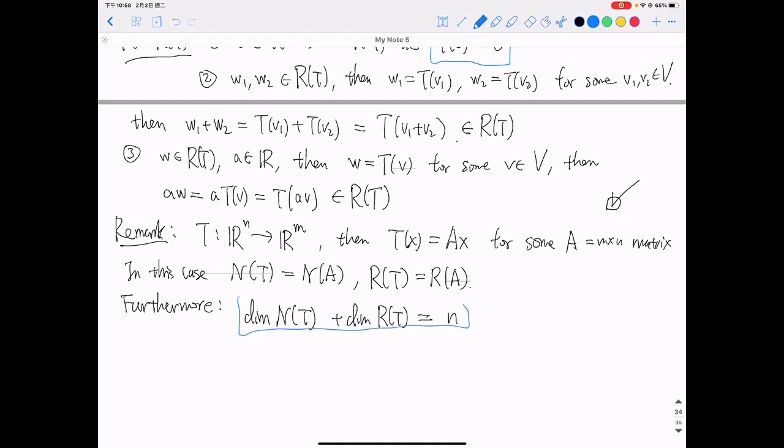We're not going to prove this fact for now, but this is something that you can check in every example. So these quantities have names. The dimension of the null space is called the nullity of T. The dimension of the range is called the rank of T. Okay.